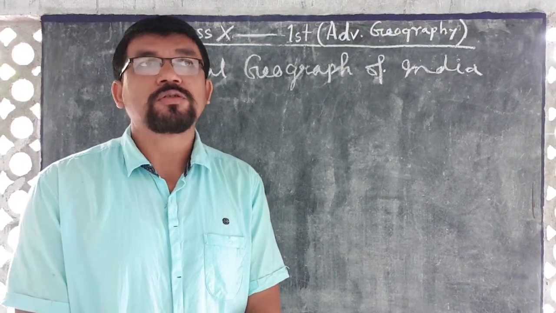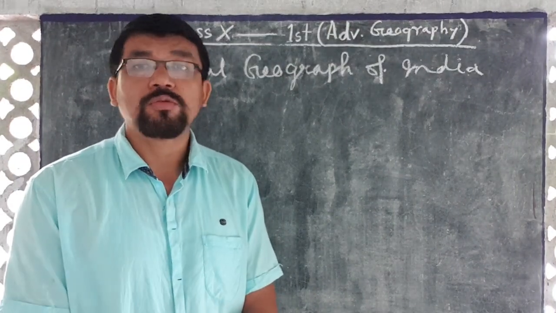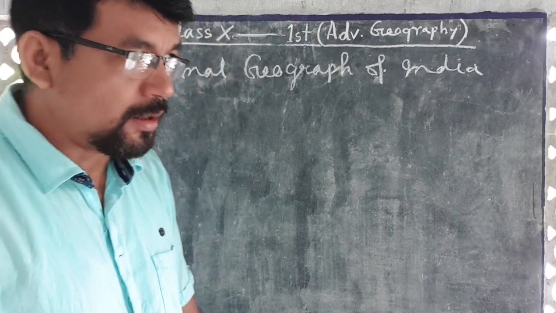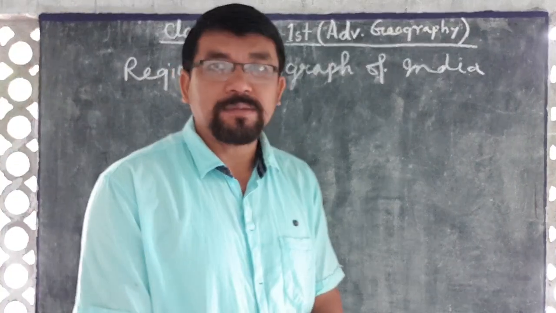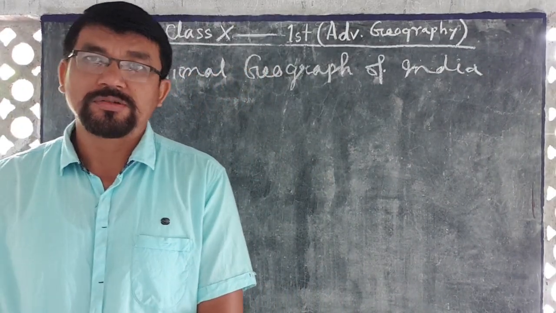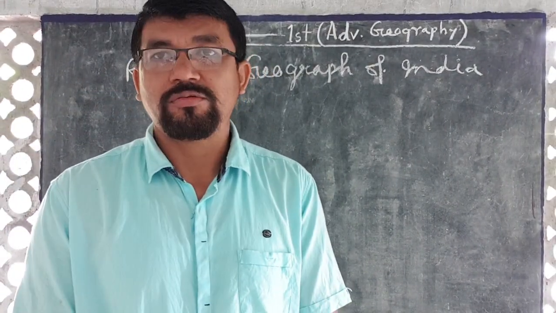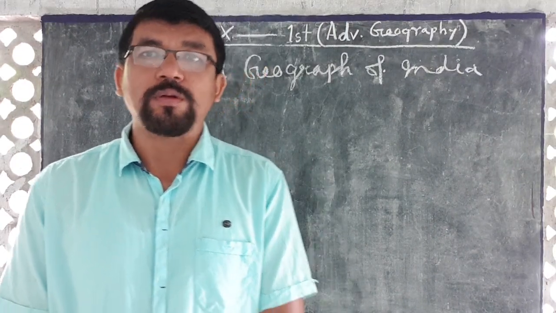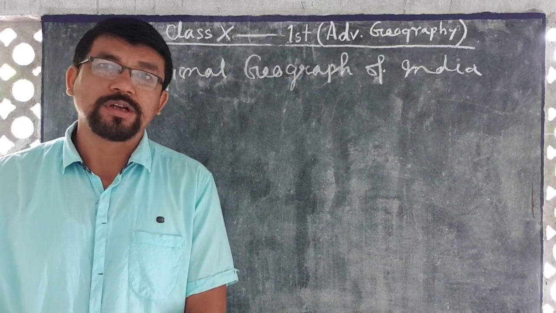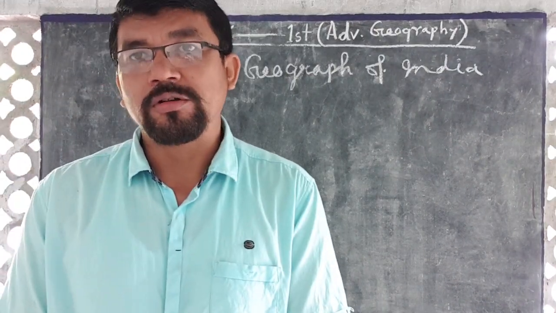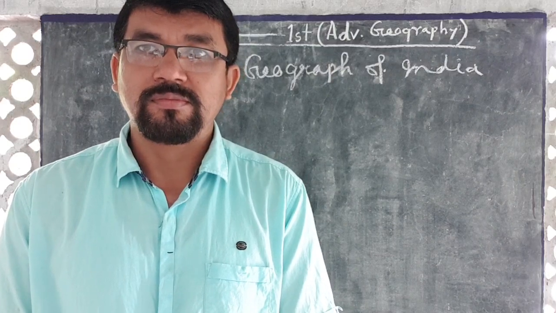Mainly, the Caucasoid group of people are living in the northwestern part of India, that is in Punjab, Haryana, Jammu and Kashmir, Rajasthan, in this way. And the Negroid group of people are found in South India, particularly Kerala, Tamil Nadu and Andhra Pradesh.